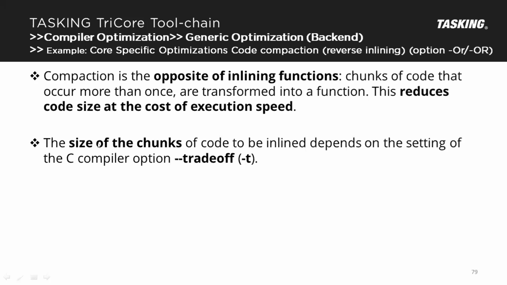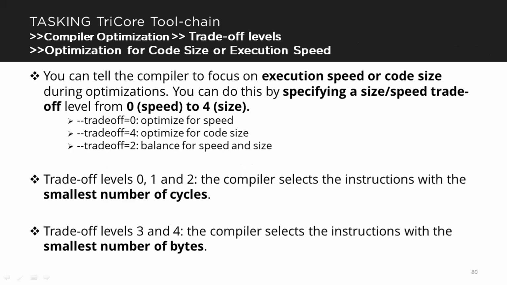You will find here a very important compiler option called the trade-off option. This option has an impact on a lot of compiler-generated code, and we will see in the next slides how it works.